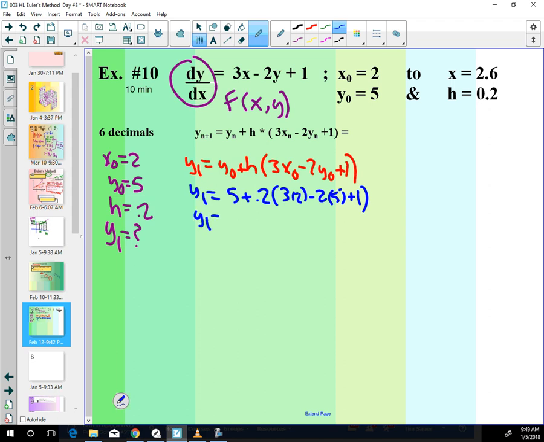Help me out. I always make arithmetic errors here. I'd love not to make some today. 6, 7 minus 10, is that negative 3? Does that sound right? So we'll get, what's that? And then 5 minus 0.6 will be 4.4.